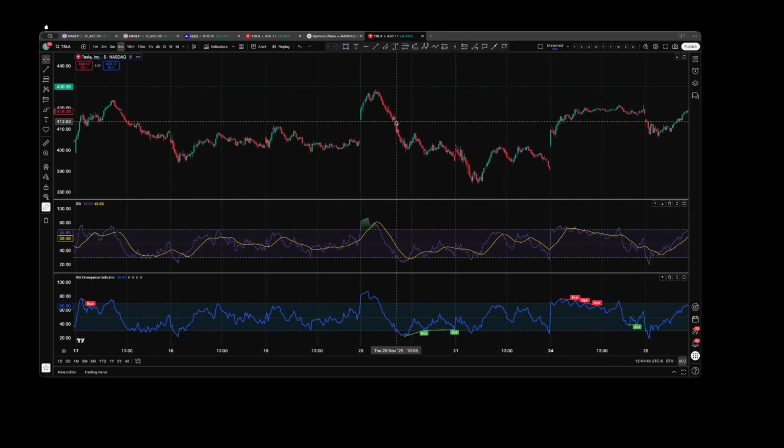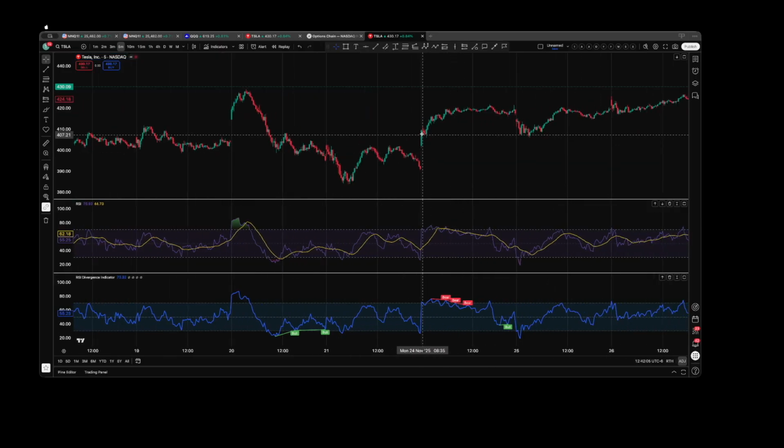You see in this particular example, the price is going downwards, but the relative strength is moving upwards. Here you see the price is moving downwards, and the relative strength is moving upwards. Here you see the price is going upwards and the relative strength is going downwards.